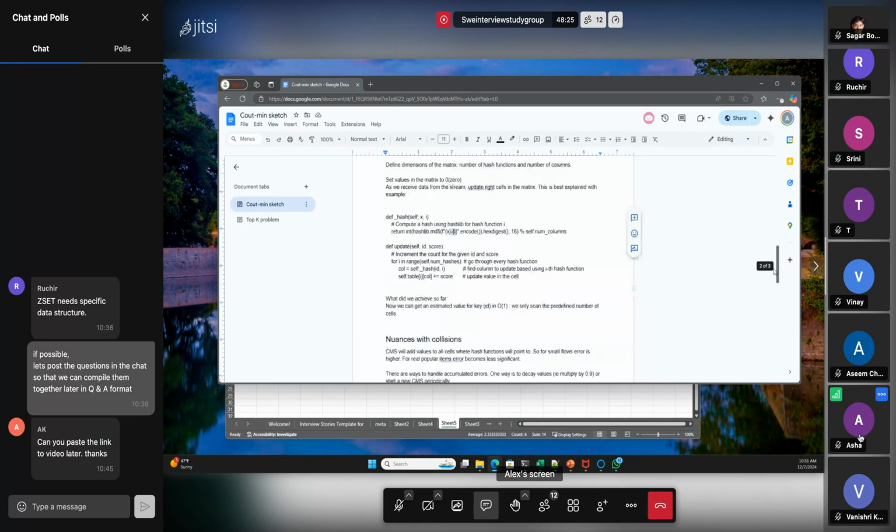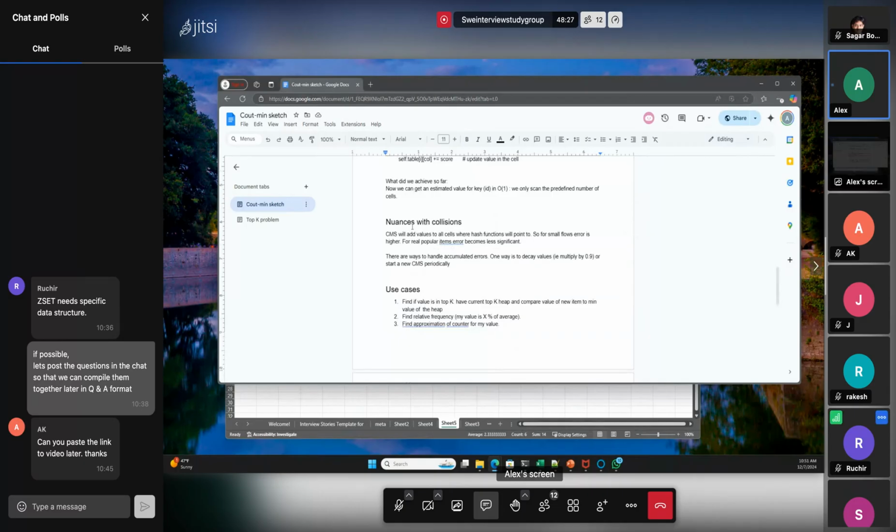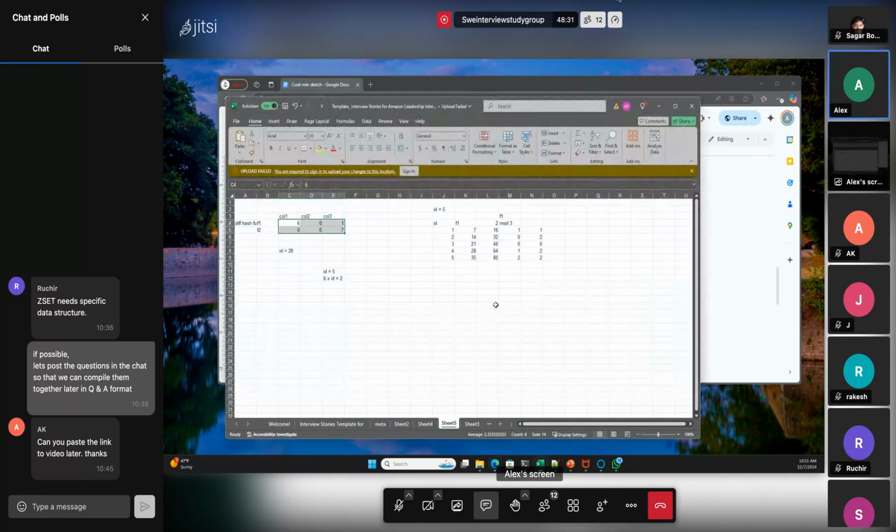What I wanted to spend the few minutes remaining on is nuances with collisions. As you see here in Excel, many rows have the same values. For example, ID equal 1 and ID equal 2 will write to second function 2, right? And so will 4 and 5. All these three IDs will add up to this number.